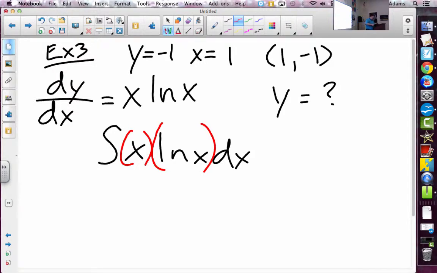When we do the integration by parts, I suppose it doesn't matter, but I'm going to try something different. I'm going to let u be the natural log of x, and I'm going to change the notation from the textbook just a little bit, because you might see it differently. They use the Leibniz notation, but you might see prime notation, so I'm just going to interchange them.